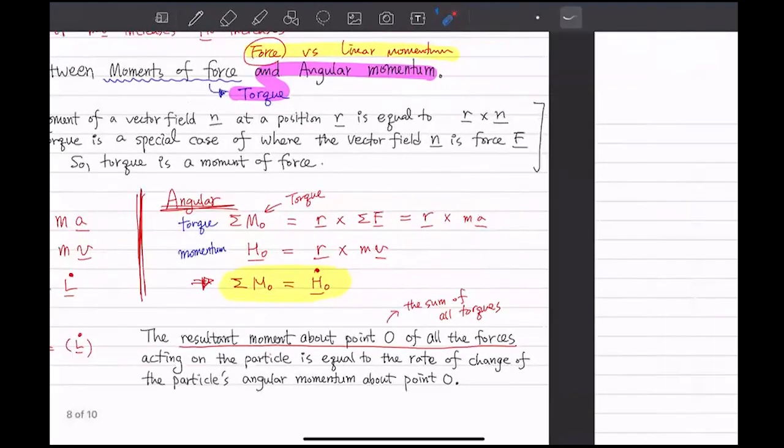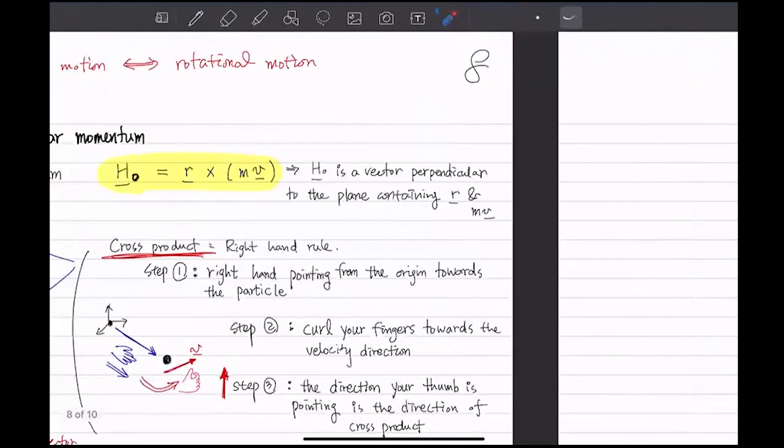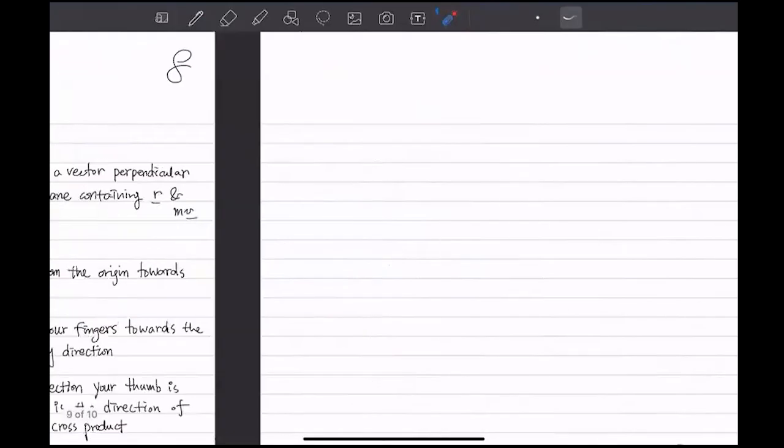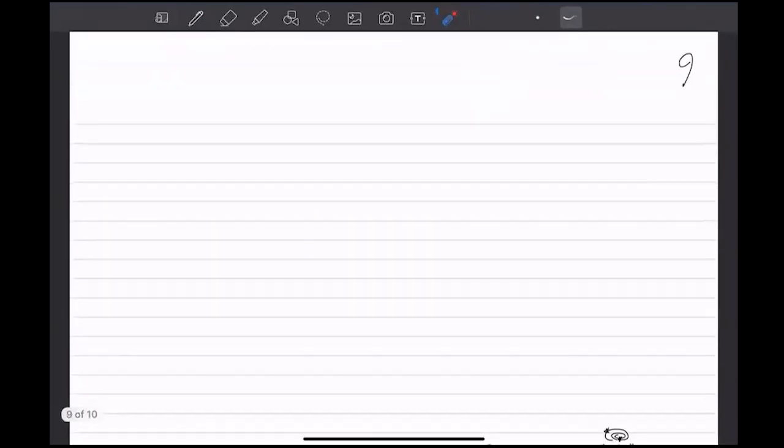Okay, so let's move on to the next page. Oh yeah, I thought it was a totally blank one. Okay, so here I would like to just write down, kind of summarize what we did for the linear and find the one-to-one matching of the things in angular.